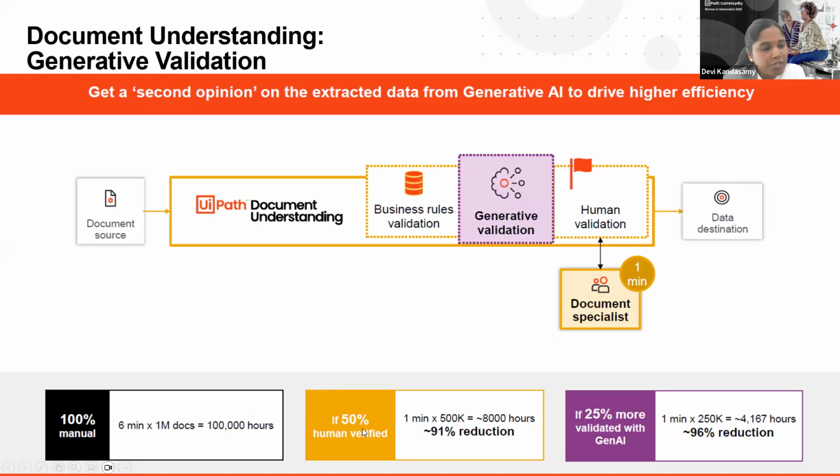But if only 50% of documents is sent for human validation using a specialized AI model or any rule-based extractor, then it would take a 91% reduction of hours. But if you add generative validation on top of it to the specialized AI model, then it would reduce the effort taken by 96%.